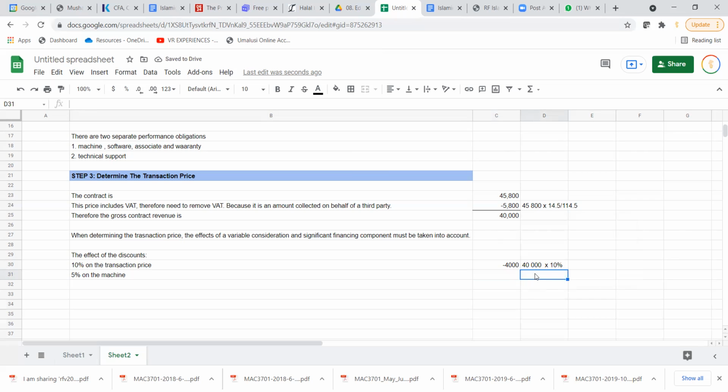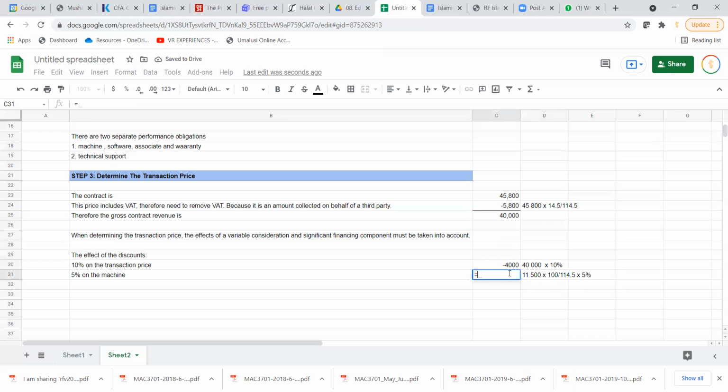Now we must have the discount on the machine. A 5% discount on the machine. Now remember, the machine was 11,500 Rand. Now that $11,500 was inclusive of VAT. We want the exclusive amount. So we're going to say multiplied by 100, divide by 114.5. That gives us the exclusive VAT amount of the machine, but we want a discount of 5%.